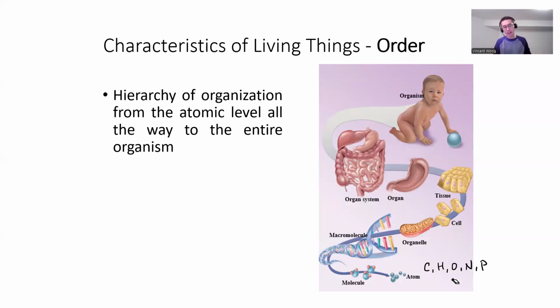Don't worry about writing down the full names if you don't know them. We're going to learn them later. But these are the key ingredients that make up 96% of the whole body. Just 5 building blocks. And there are some other ones that are there, but these are the key ones.